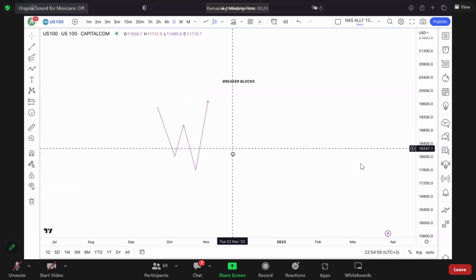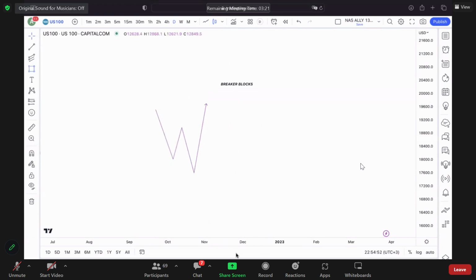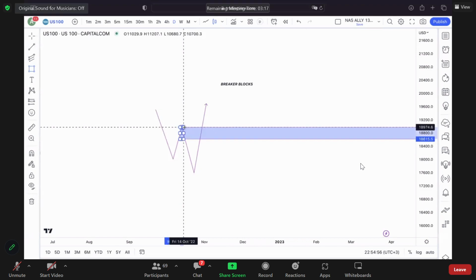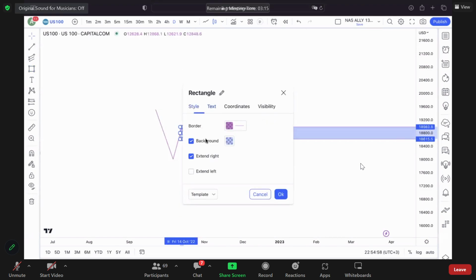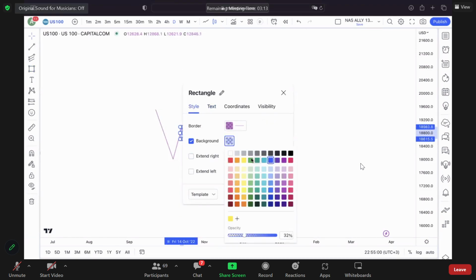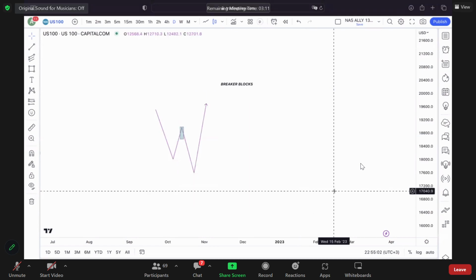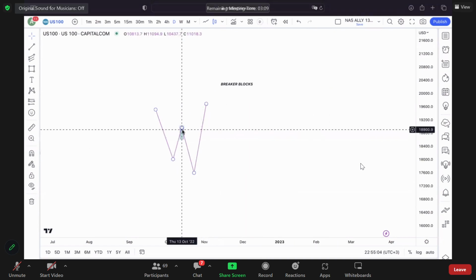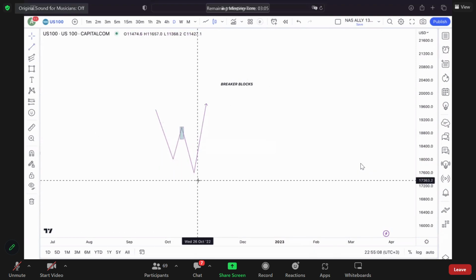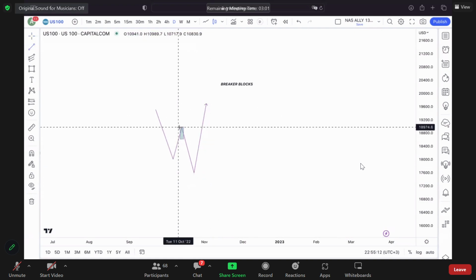At this level we would see an up candle form. That would be the last up candle before a downward move, and then the market broke structure back to the upside.